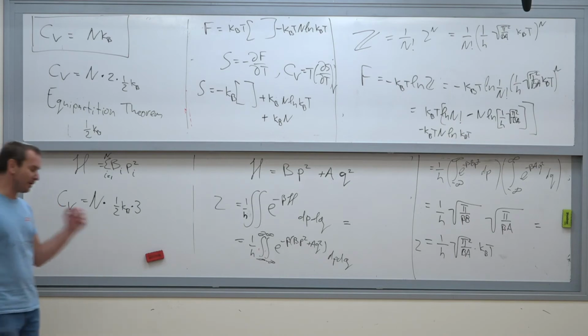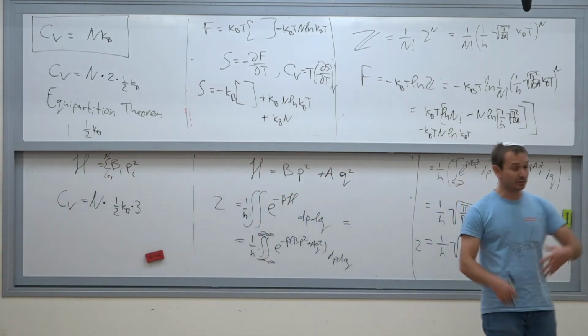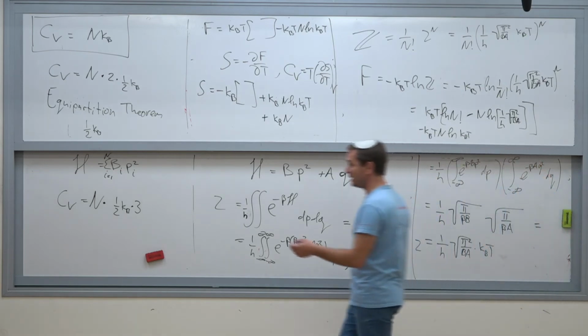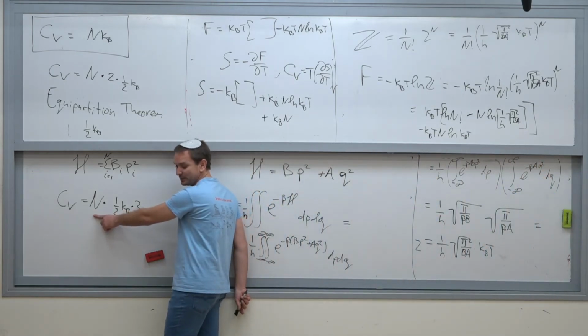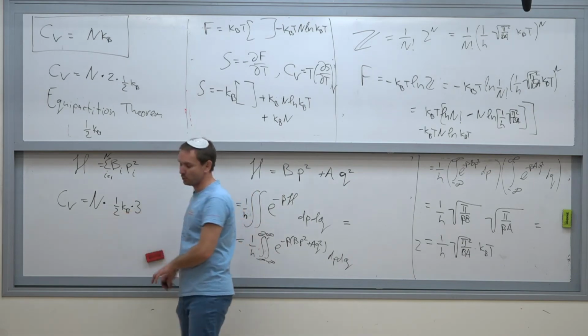So for particles that have only translational degrees of freedom, a gas of particles, what do we obtain? We obtain exactly 3/2 k Boltzmann.